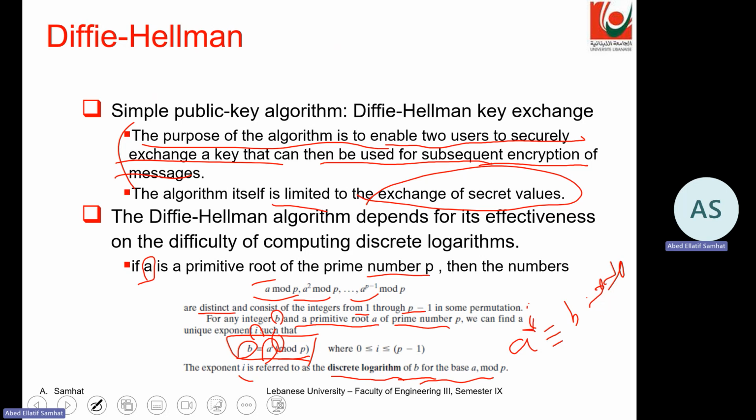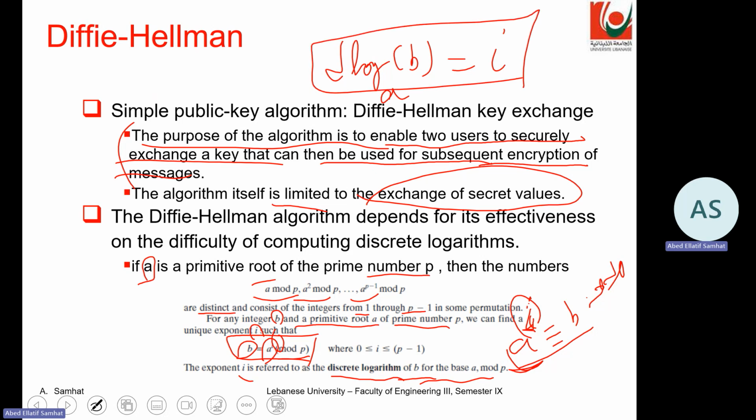The unique exponent i itself is referred to as the discrete logarithm of b for the base a mod p. We call it the discrete logarithm of b for the base a, equal to i.